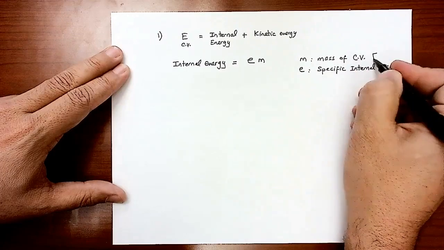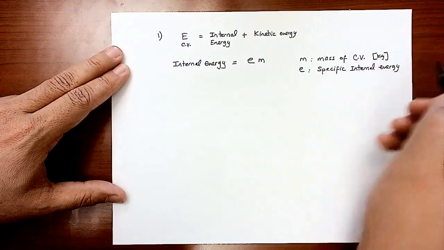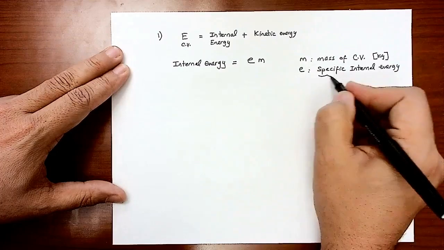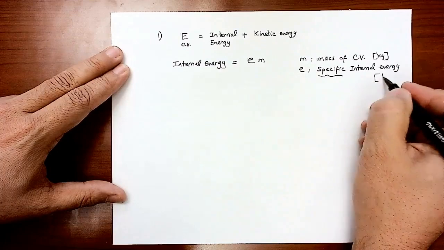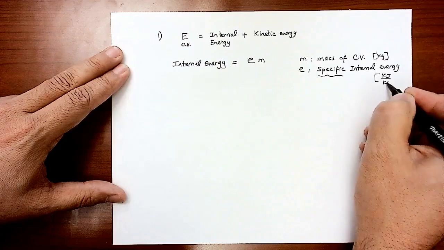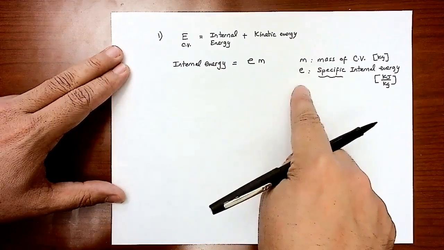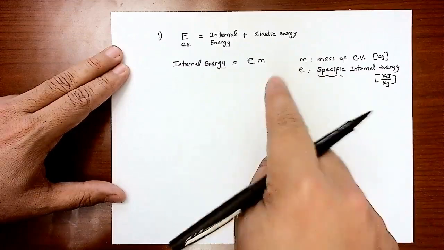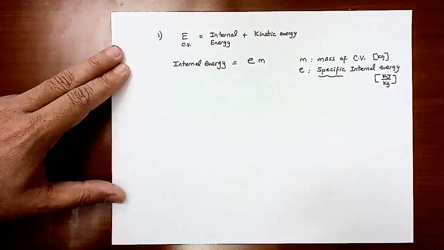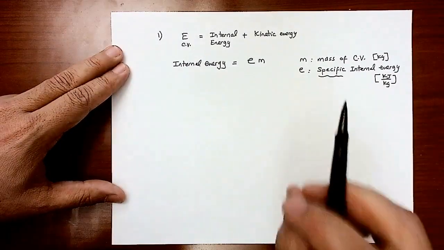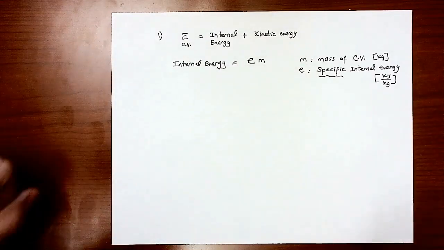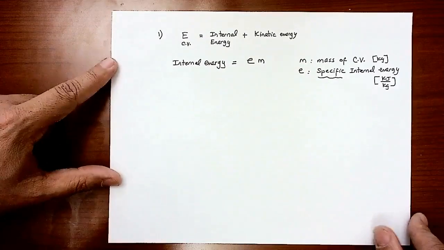The mass is given in kilograms, and the specific internal energy is in kilojoules per kilogram. And we know that when I say specific internal energy, specific enthalpy, specific entropy, that's all indicating per unit mass. The word specific for this thermophysical property indicates the property per unit mass.